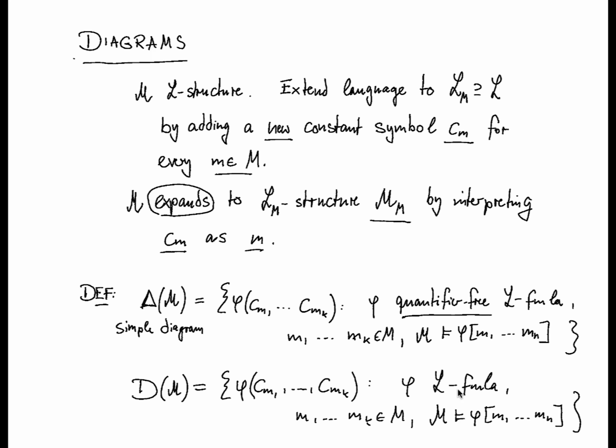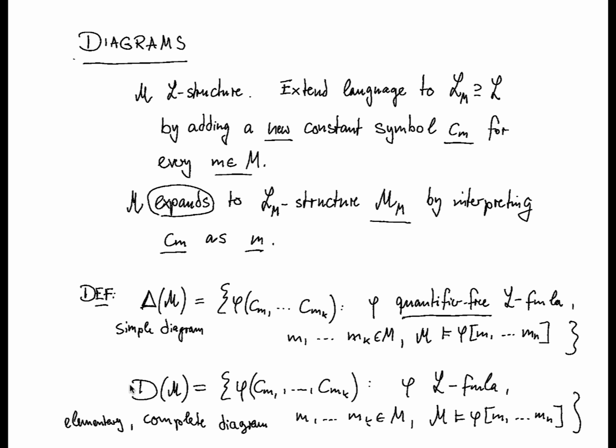So if we look at any L formula here, and form the same set of formulas, only we drop the restriction on quantifier freeness, then we get what is called the elementary or complete diagram of M. You can think of a diagram as recording all facts about a structure that you can write down using the symbols in your language.